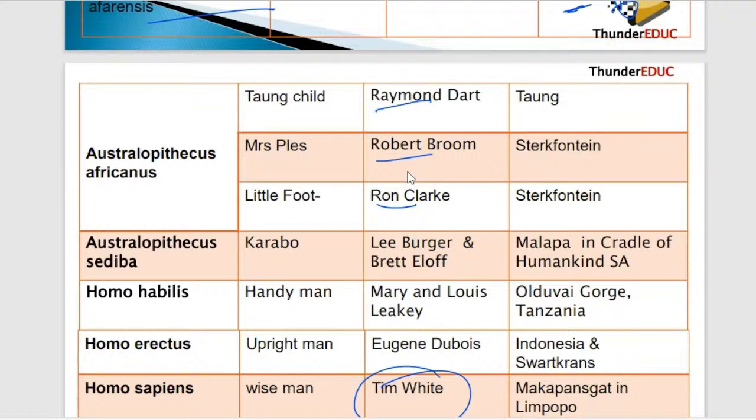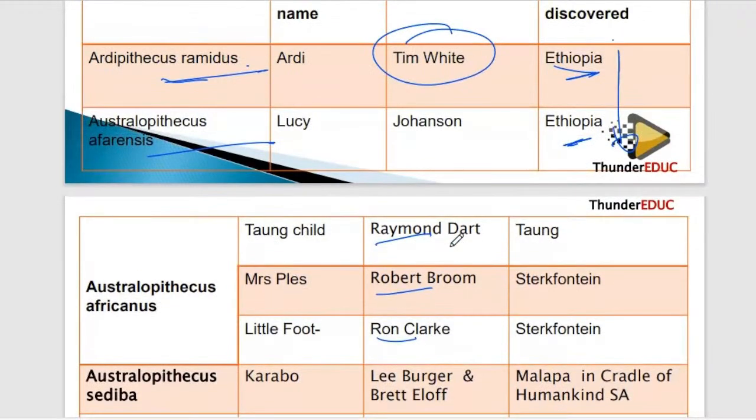Then place Mrs. Ples, and you start thinking about Lady Grootboom. All of them are starting with R. Is it clear? Yes. Taung child, Raymond Dart. It has the A. Is it clear? Yes.